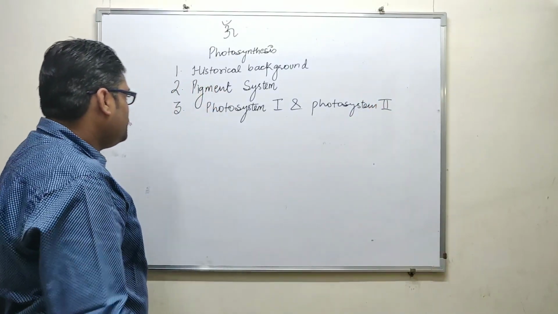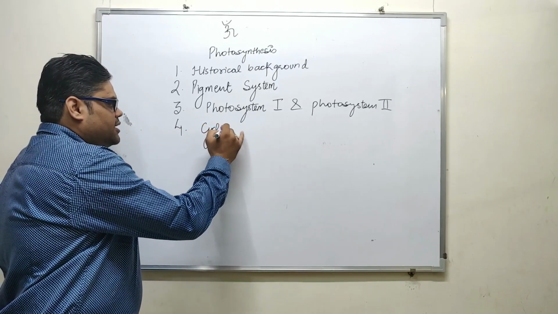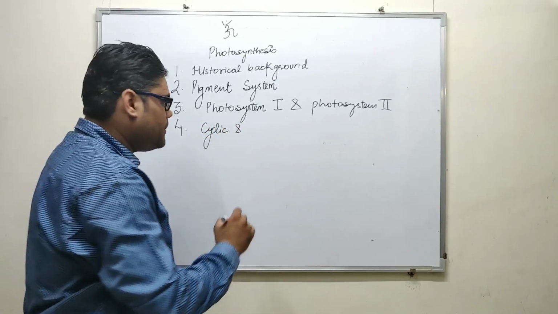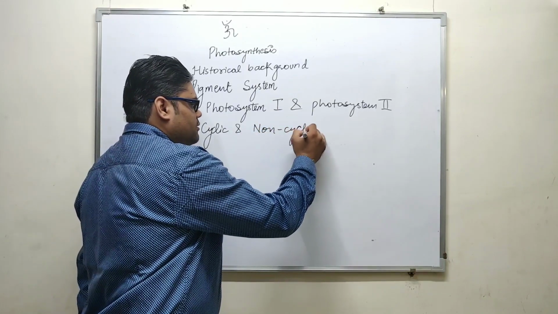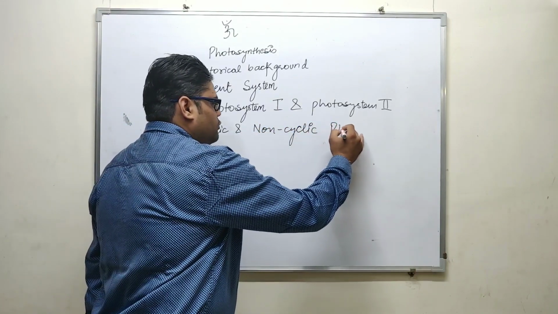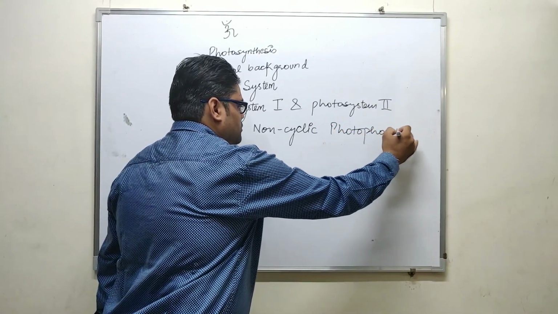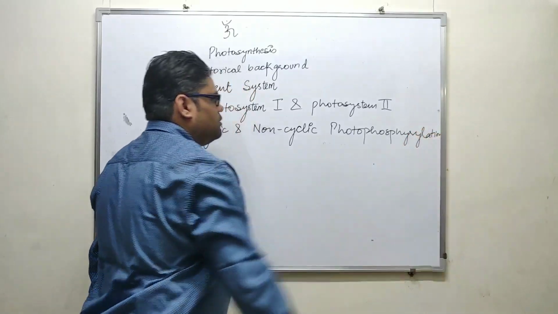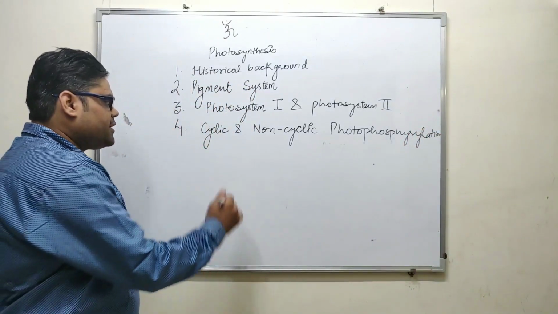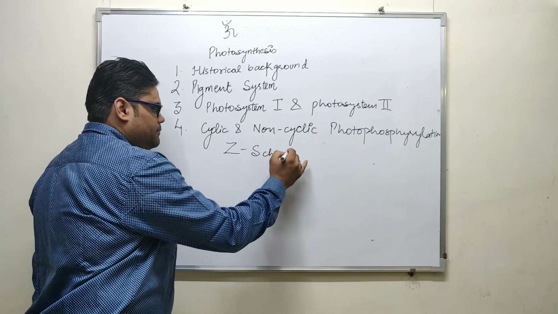Okay, fourth topic will be cyclic and non-cyclic photophosphorylation. And that comes under the Z scheme.